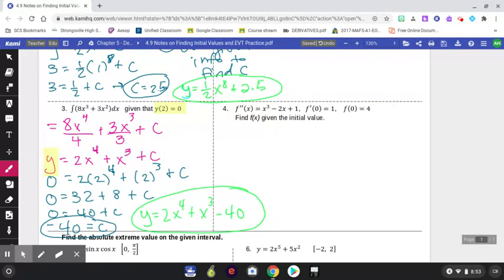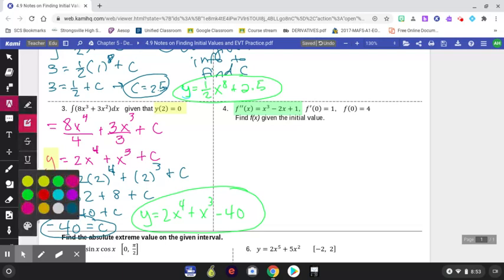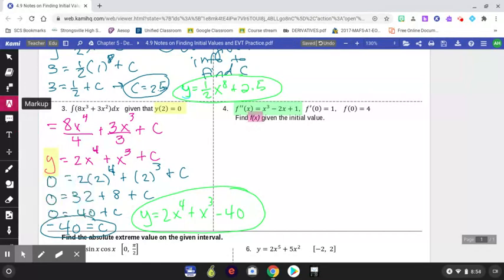4 should be interesting. Pay attention to what is given to you for 4 and see if you can work through that, okay? Let me give you a hint, right? So you are given f double prime, okay? And you're asked to find f. Okay, so what you're going to have to do is go through this process twice.